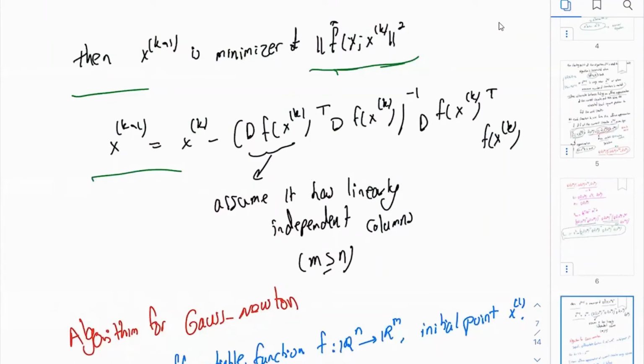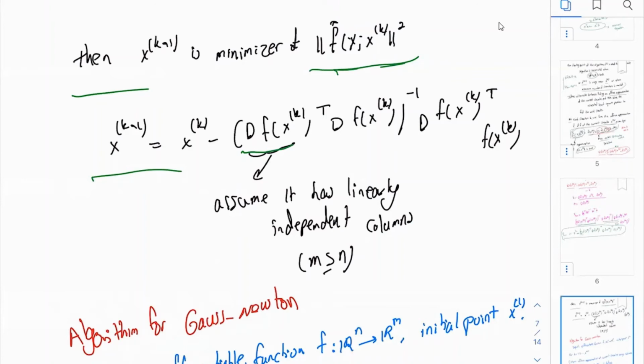Okay, good. Now we know what is d of f of x of k, and we know the update equation, right? Since we are using it as a linear least square formulation, this d should have linearly independent columns like a matrix A, right?